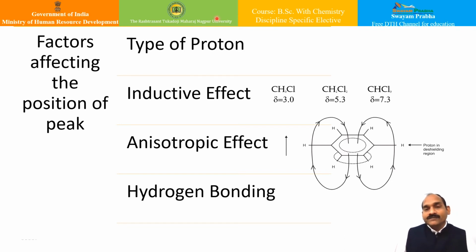Hence this effect is called the anisotropic effect. If protons come in the shielding region of the field, they absorb at higher frequency, and if they come in the de-shielding region, they absorb at lower frequency. We can take the example of benzene, where the protons are de-shielded due to the anisotropic effect. It can be represented like this.